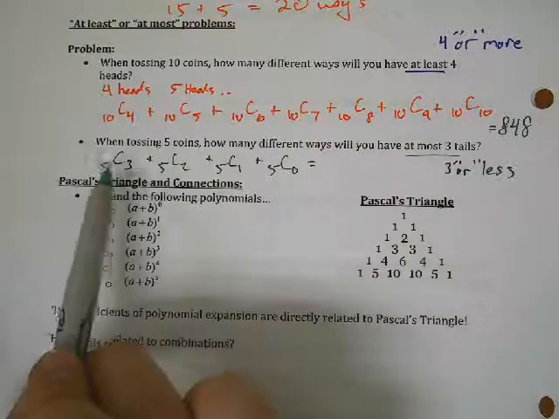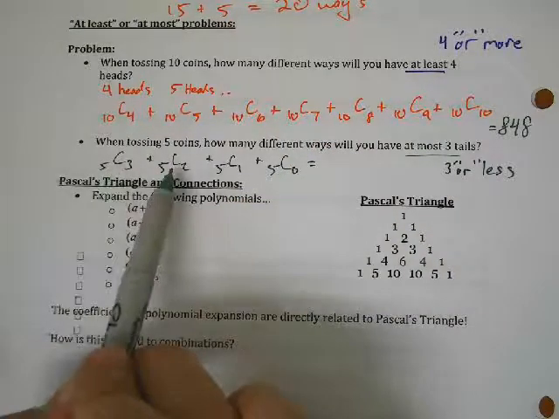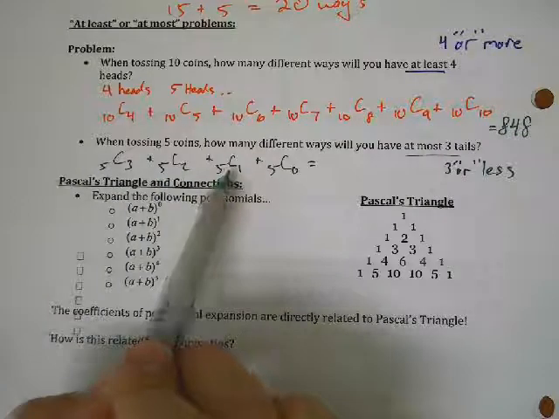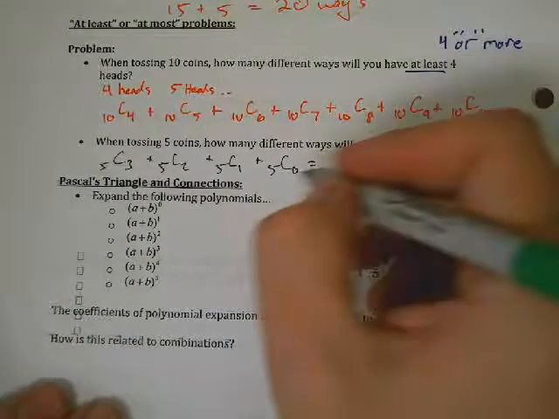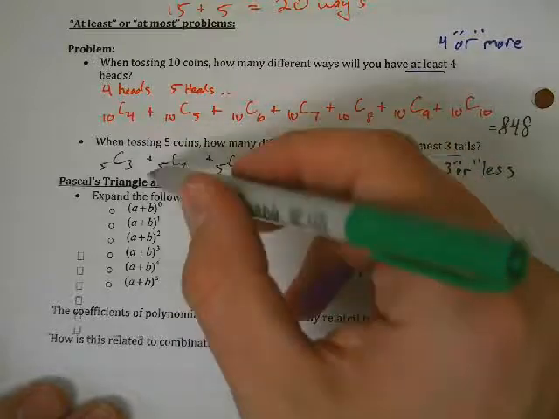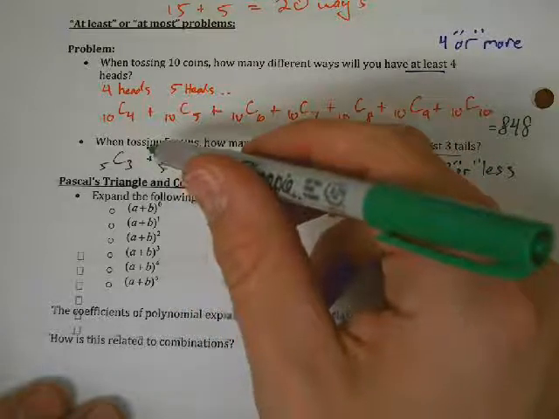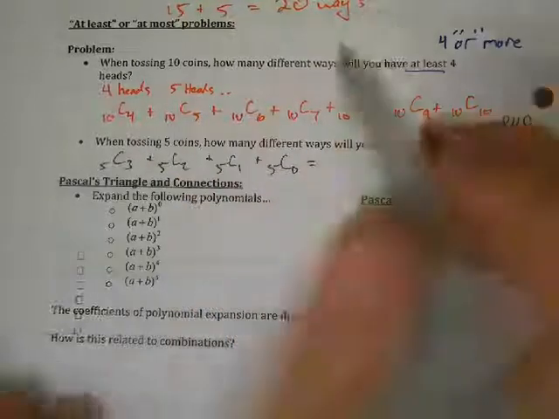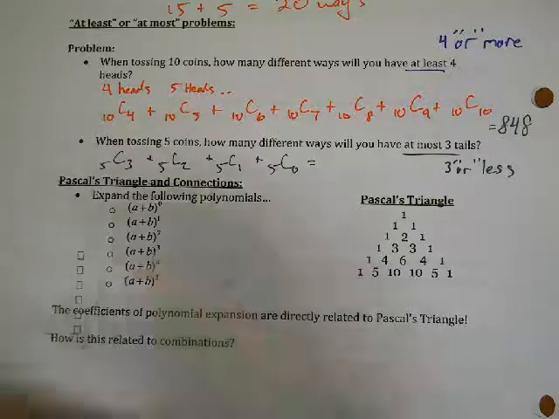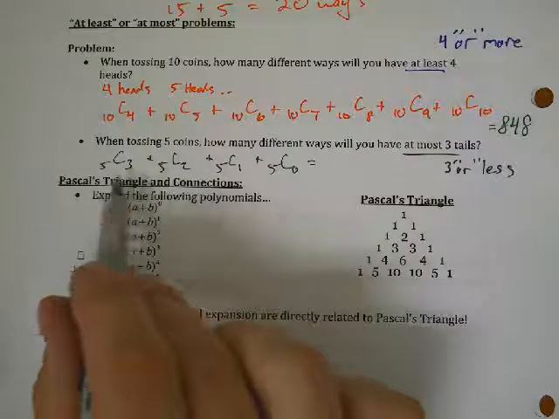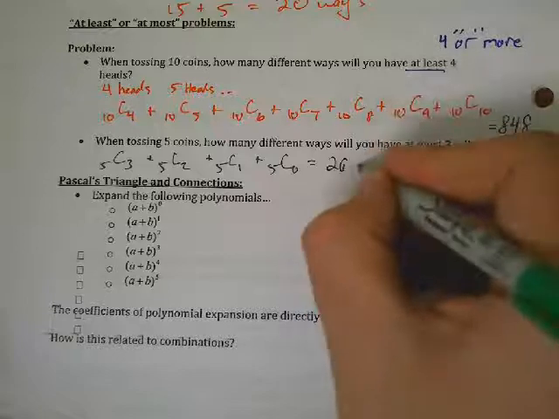So this is the number of ways to get 3 tails, 2 tails, 1 tail, or 0 tails. Okay, so if you add those up, you get 26 ways.